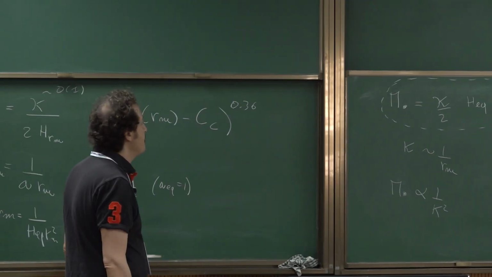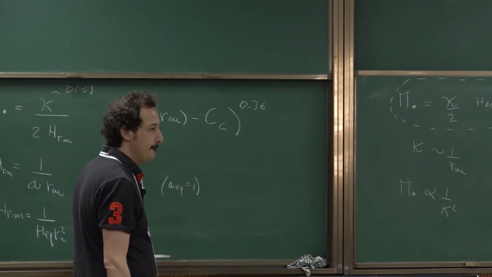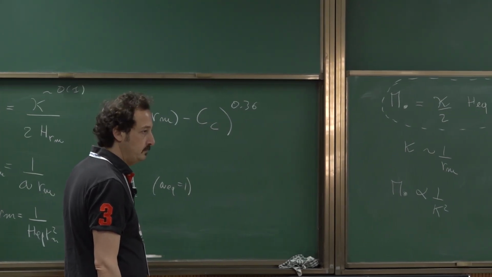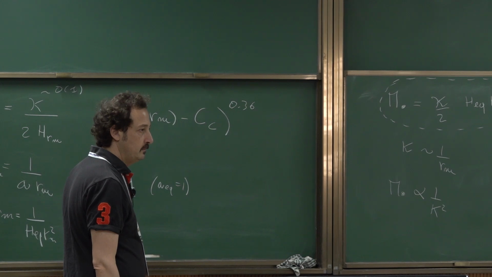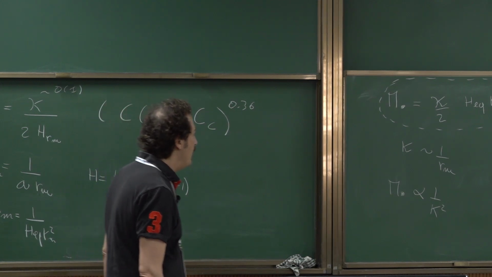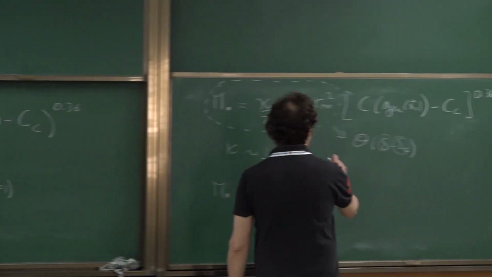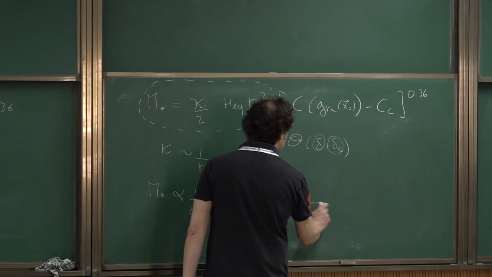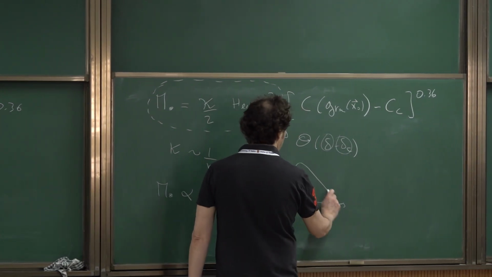When you say R maximum, you are thinking of a situation where the mass is accreting, it's growing and turning around and collapsing. Is that what you have in mind? No, R maximum is the maximum value of the compaction function at super horizon scales. Yes.